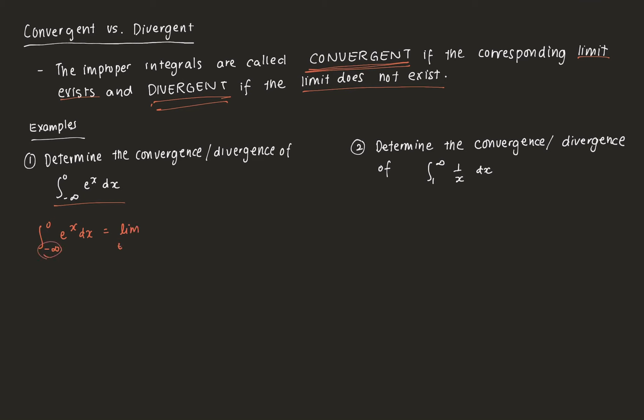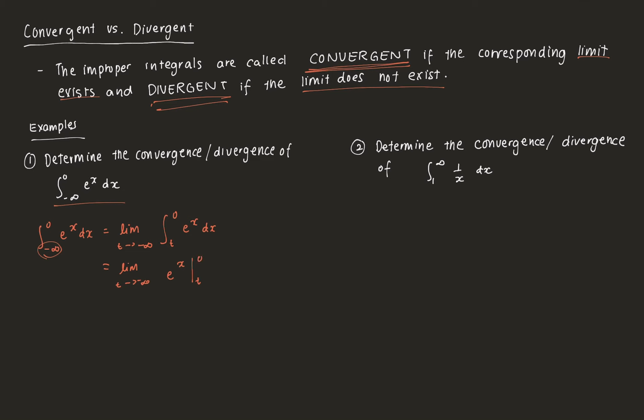So this is the limit as t, we have a lower bound here, approaches negative infinity of the integral from t to 0 of e raised to x dx, right? And to solve this, the integral of e raised to x is just e raised to x, and we will evaluate this from t until 0.